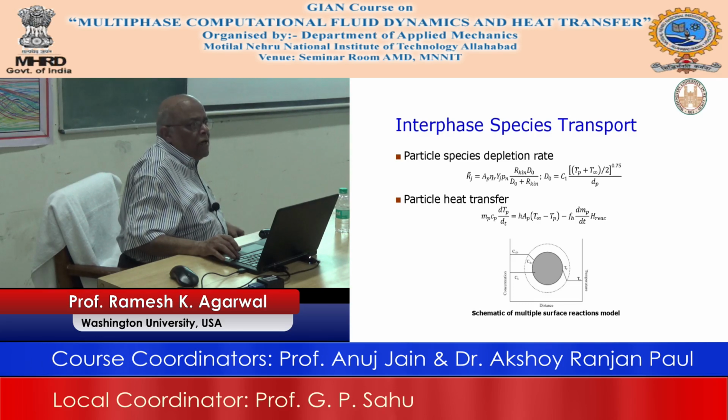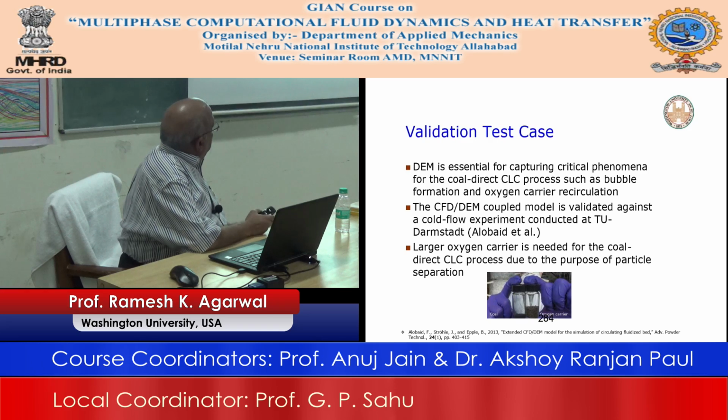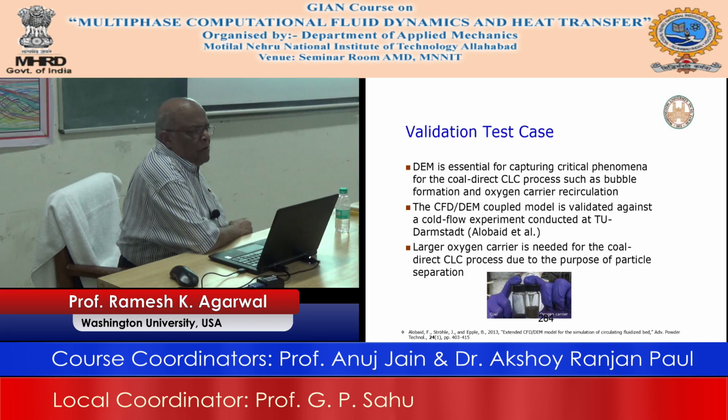And of course, as I said, all this theory is good enough, but without validation, it's no good. So there is a test case again, done in Germany. This is the flow condition, the particle size, this real reactor. The number of particles in this case is 36,500. You can handle that on even a reasonable workstation, run it for a week, and do it using DEM, because 36,000 is not bad.